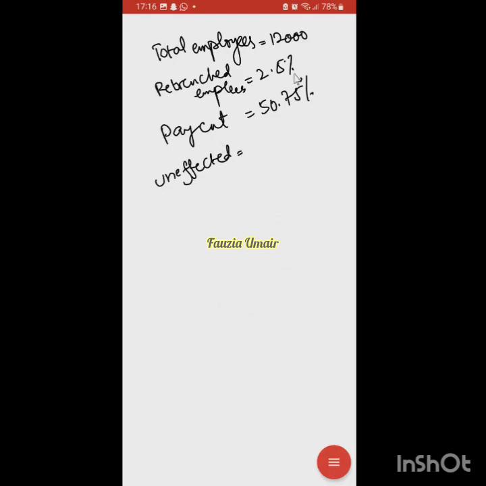We need to add these two. तो कितना आता है? 50.75 और 2.5. कितना आता है ये? 7 and 5, 12.